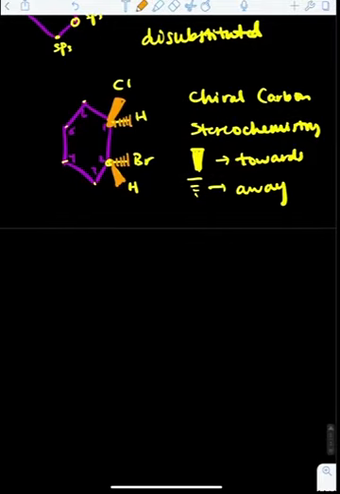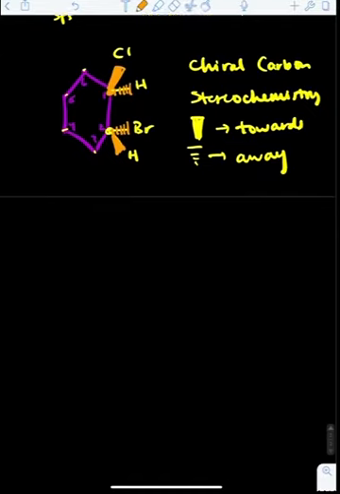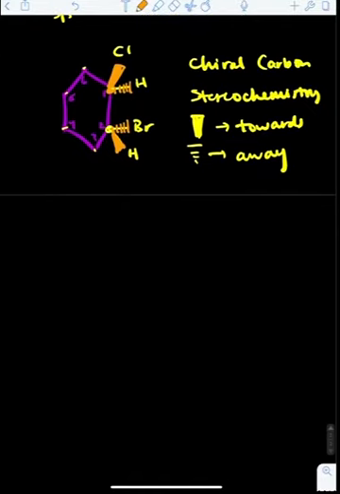Stereochemistry is something you need to define when you have chiral carbons, because it makes a difference in naming the molecule and in the properties of the molecule. There are 2 versions of a molecule with 2 different versions of stereochemistry. I'll talk about that in a different video, but just know that for now.